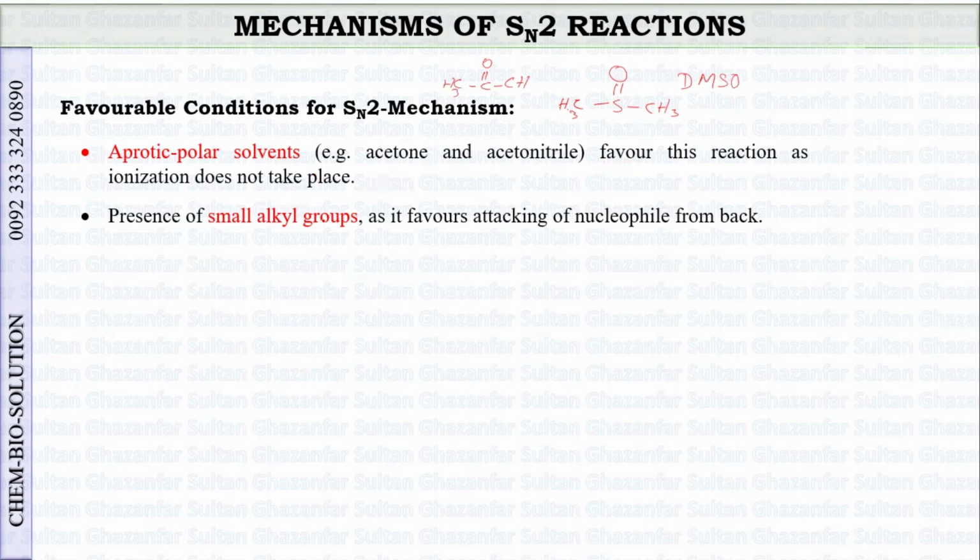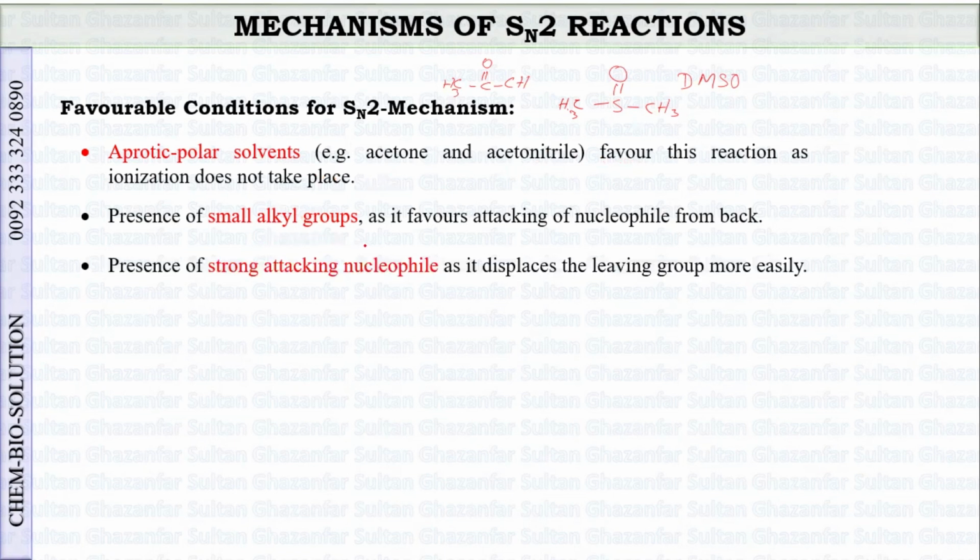The presence of a small alkyl group favors this reaction, because if there were bulky groups, the attack of the nucleophile from the backside would not be possible. The presence of a strong attacking nucleophile also favors it, as it displaces the leaving group more easily.